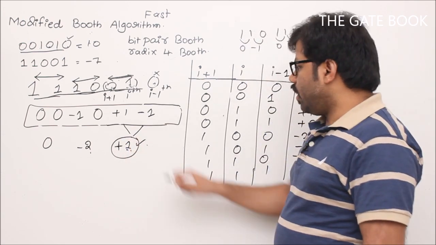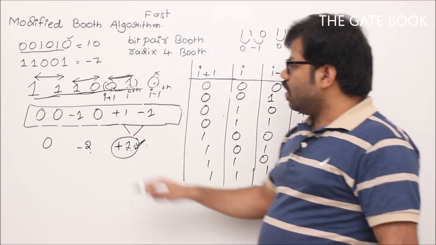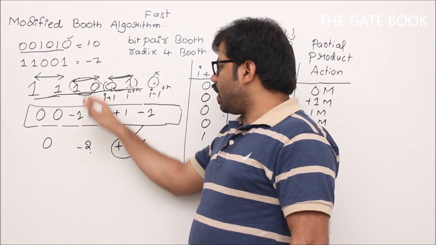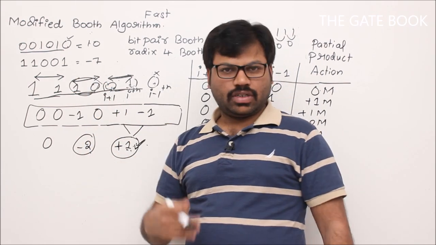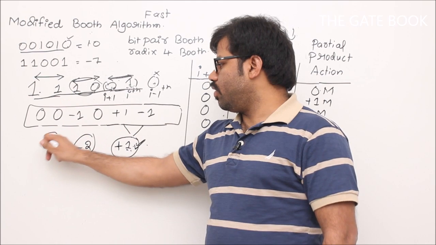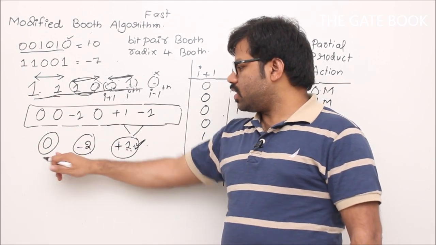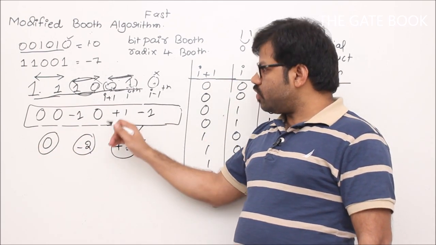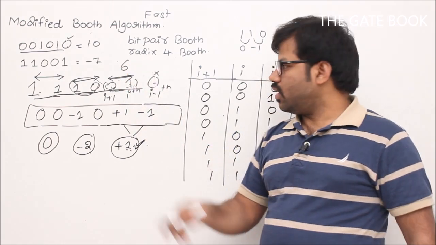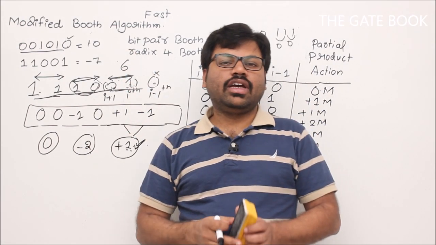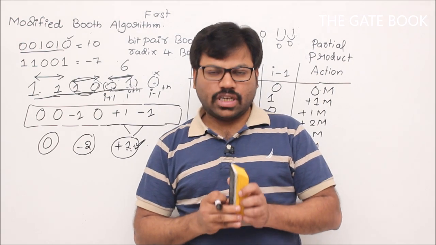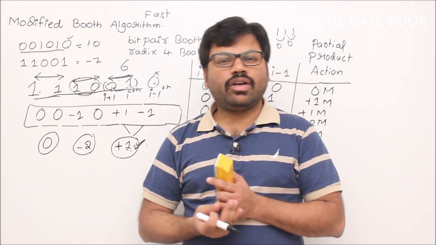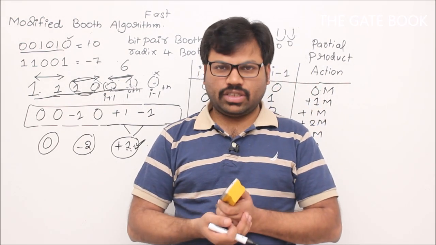Similarly, for each pair of bits only one action. In that way, we used to have 6 actions, now those 6 become 3. That's why the number of actions is reduced and the algorithm becomes faster.